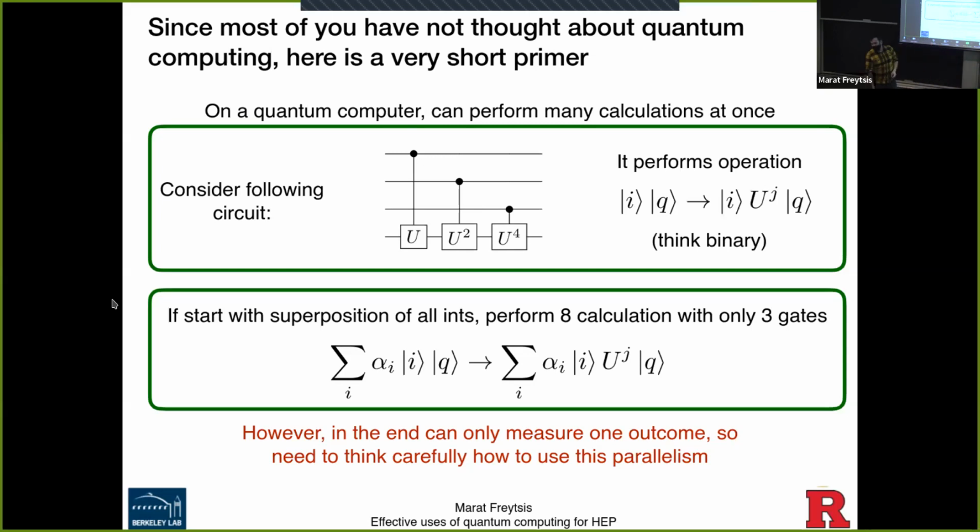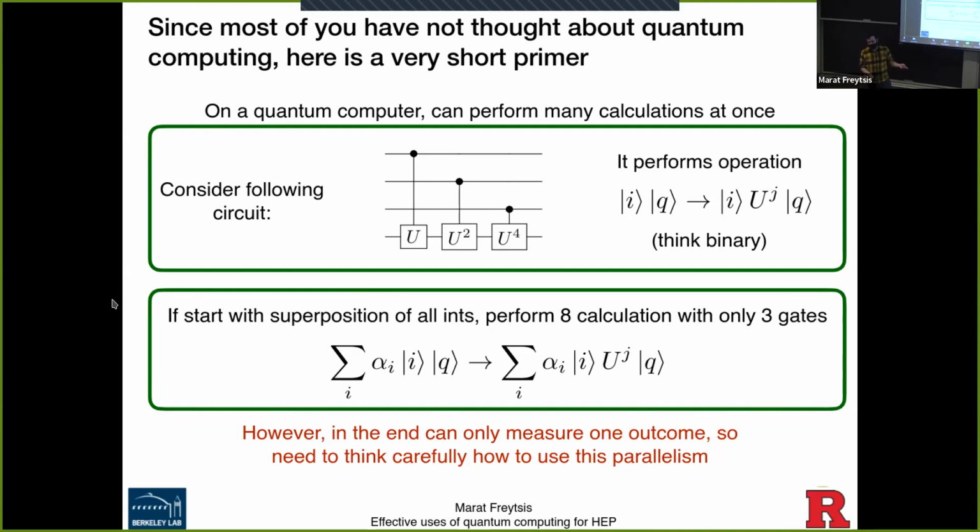Which means that if I have a superposition of states, something that looks like this, then what I end up with is a state in which I've applied a superposition of all of the various powers of this unitary U to the final qubit. So in a sense, because here my index qubits go from 1 to 8, I've done 8 calculations using only 3 fundamental gates.